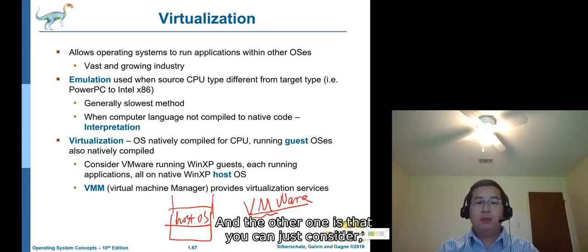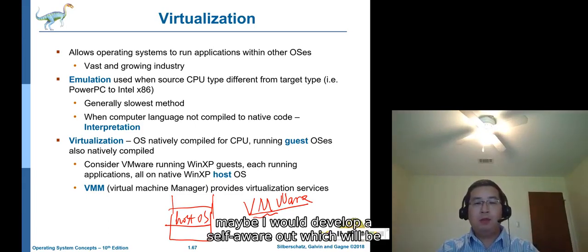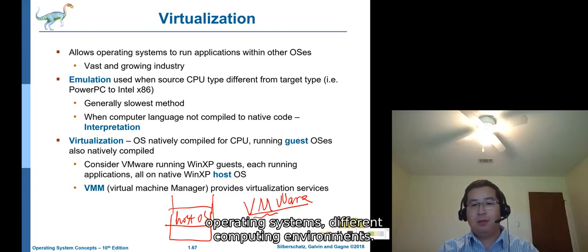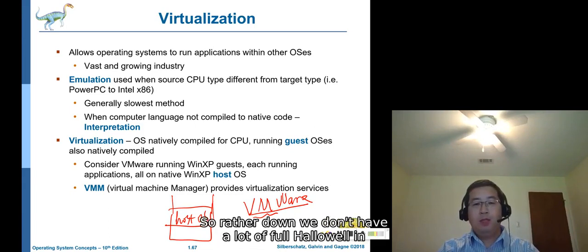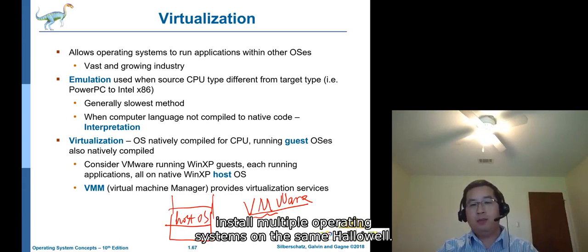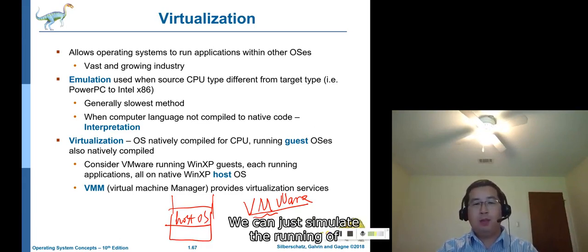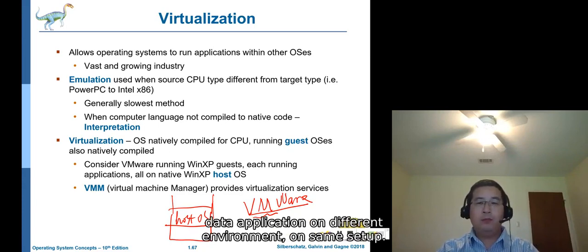The other consideration is that you may develop software which will be deployed on many operating systems and different computing environments. Rather than having a lot of hardware, one for each environment, or installing multiple operating systems on the same hardware, we can simulate the running of that application in different environments on the same set of hardware.